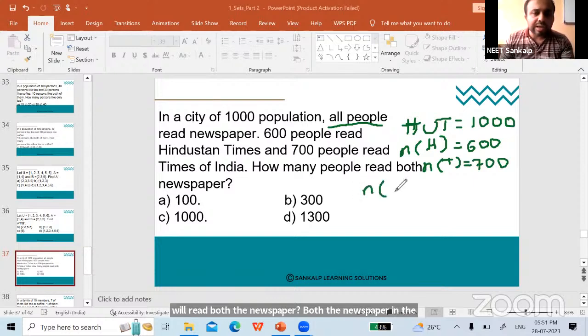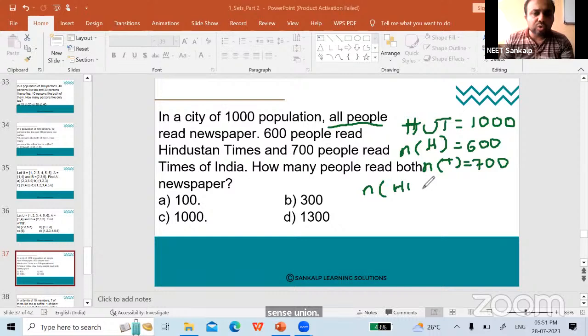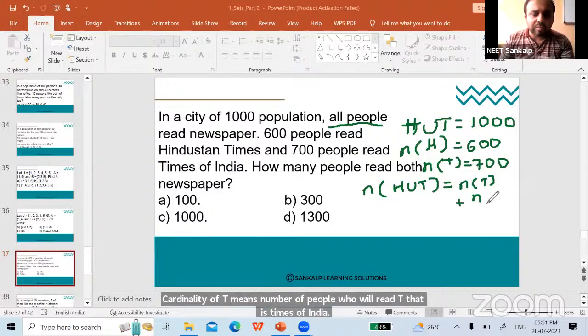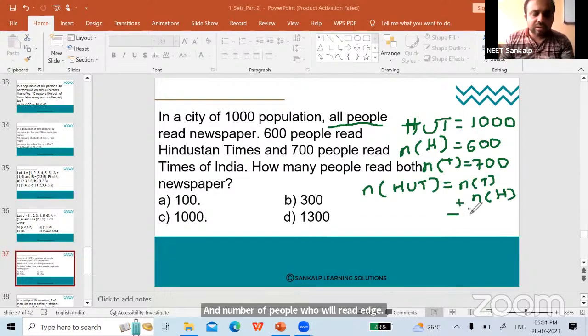So cardinality of H union T we need to find: number of people who read T, plus number of people who read H, minus the number of people common who read both Hindustan Times as well as Times of India.